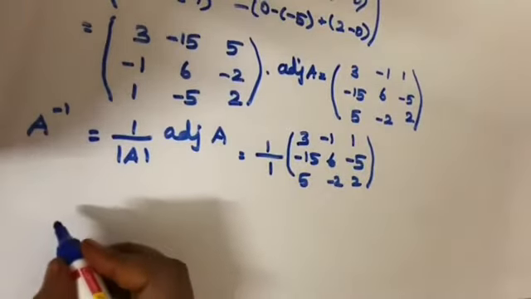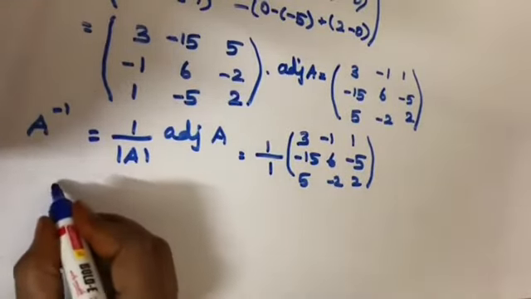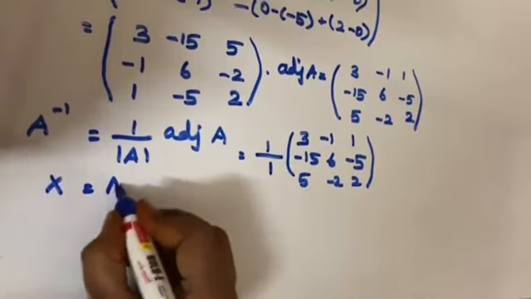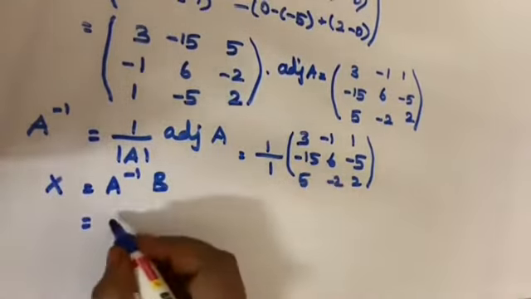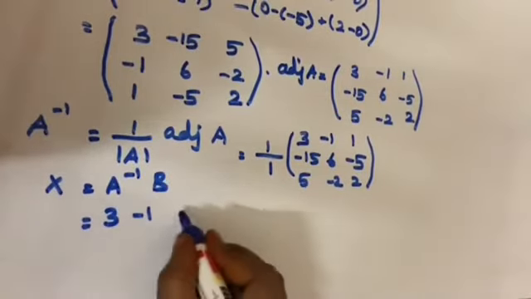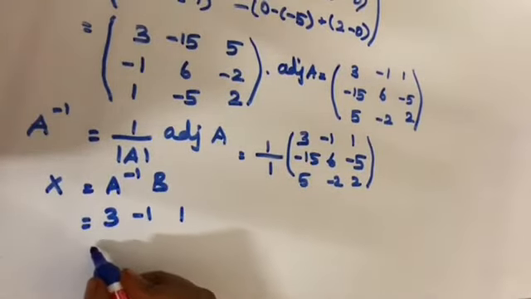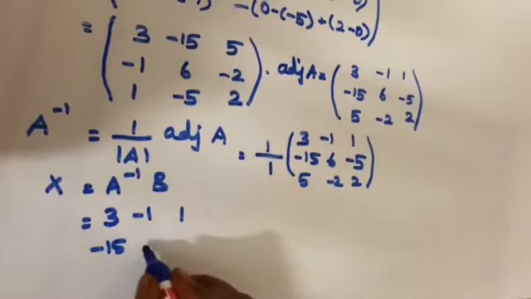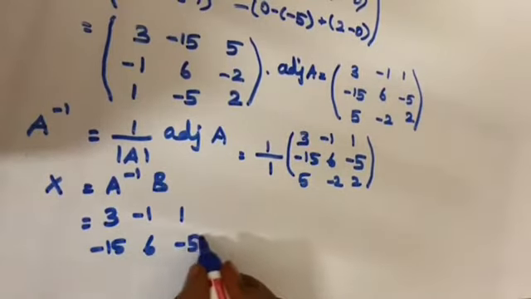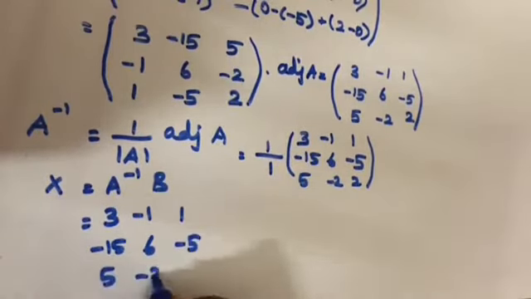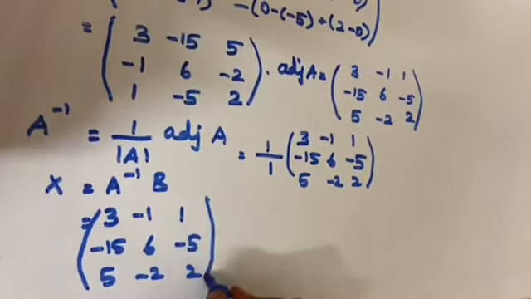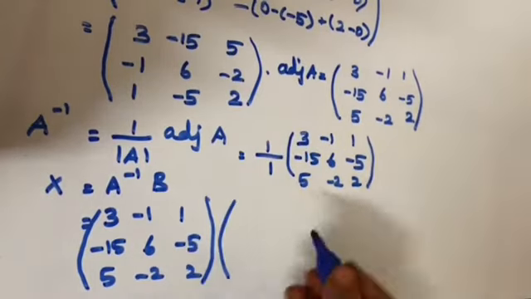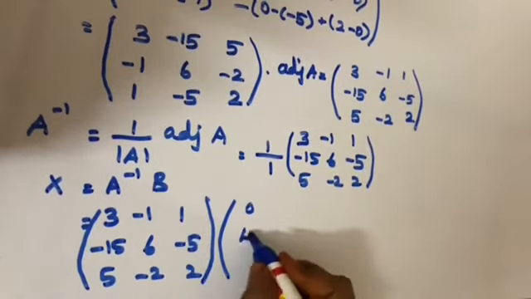So X is equal to A inverse into B. A inverse is this: 3, minus 1, 1, minus 15, 6, minus 5, 5, minus 2, 2. It is A inverse into B. What is B matrix? 0, 4, 5.